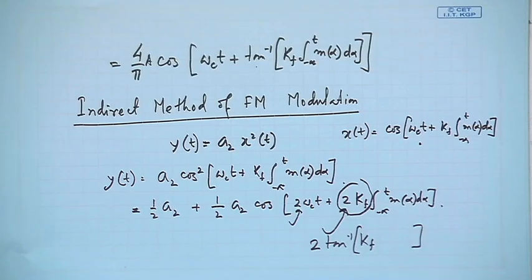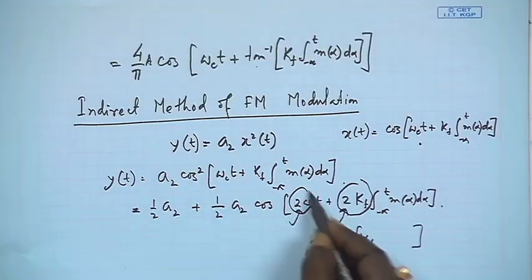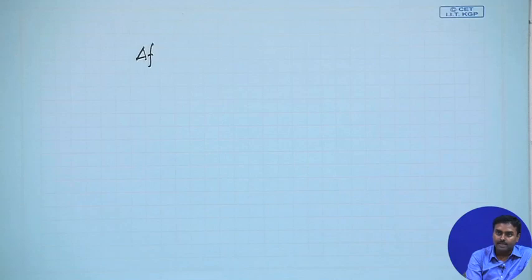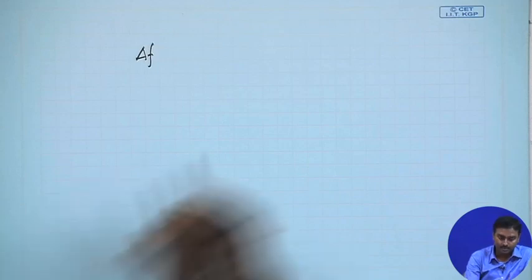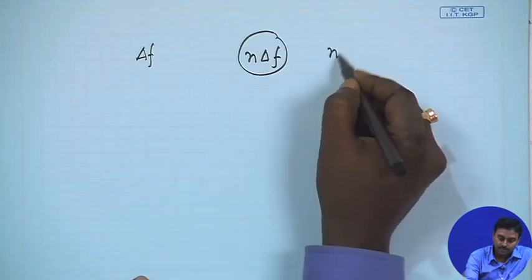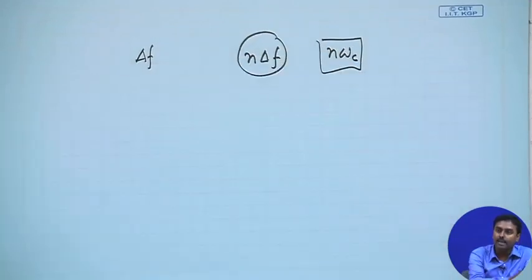If we have an nth order non-linearity, then it goes up to nth order. But the problem with that is the central frequency also goes to the nth order. So, whenever we use nth order non-linearity, the initial frequency deviation, suppose that was del f, I get n del f, but a byproduct of that is my frequency also gets shifted to n omega c.